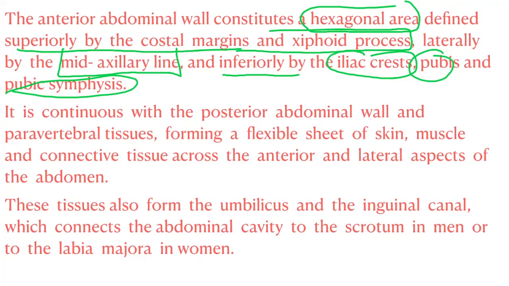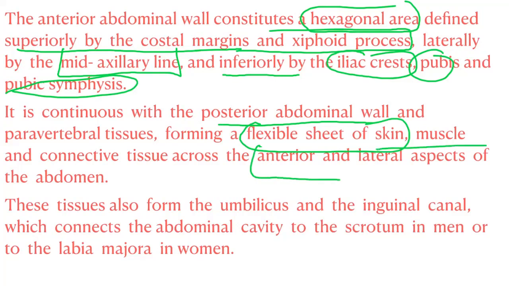It is continuous with the posterior abdominal wall and paravertebral tissues, forming a flexible sheet of skin, muscles and connective tissue across the anterior and lateral aspects of the abdomen.